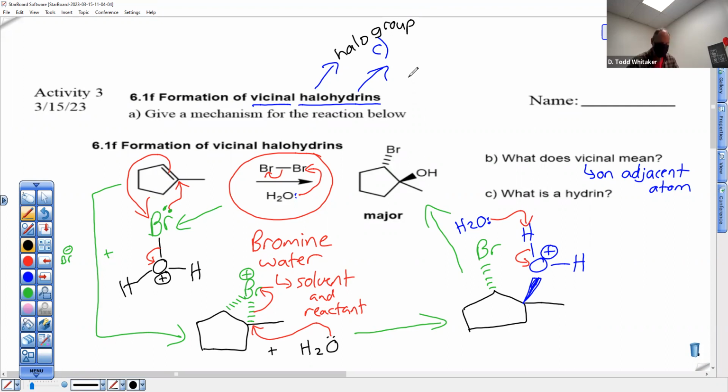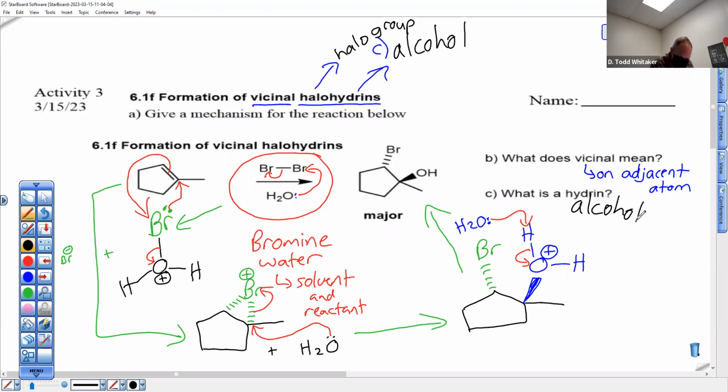Hydrin is just alcohol. It's old school for alcohol. Old chemists still call them hydrins. When you get into biochemistry, you're going to use a stain called ninhydrin for staining proteins. Guess what functional group ninhydrin has? An alcohol.